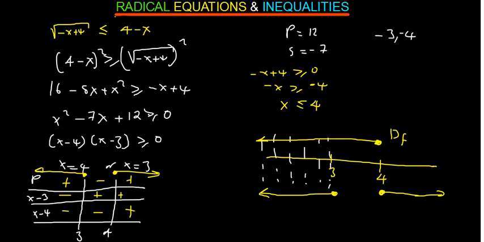And at 4 also, they are intersecting. So the solution set, therefore, is going to be from negative infinity to positive 3. We are including 3. And then union, we are also including 4. Now 4 is an element, so we'll put it in curly brackets like that. So this is going to be the solution set to this inequality.